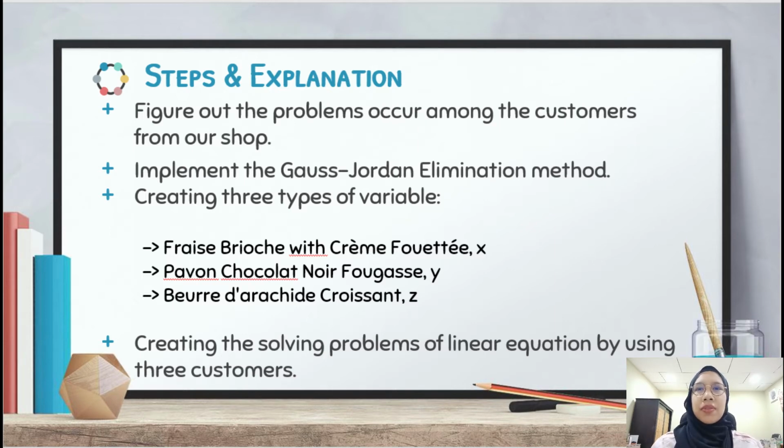With the help of these three variables, we could solve the linear equation problems as if they were bought by three customers, and each one of them represents one linear equation, and the total prices of pastries and buns bought by them are 14, 24 and 32 respectively.